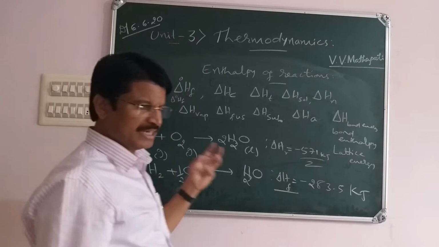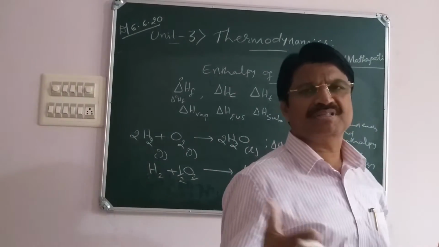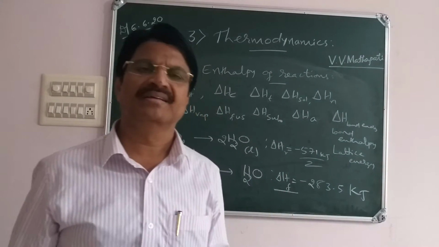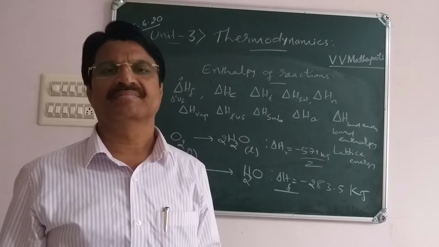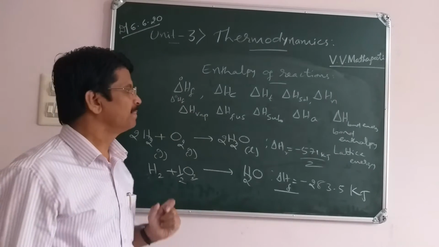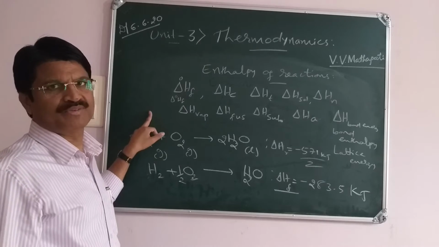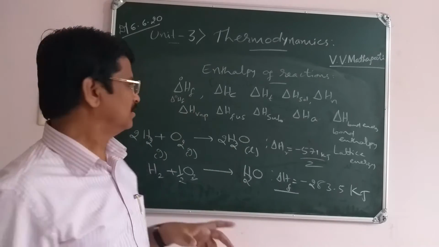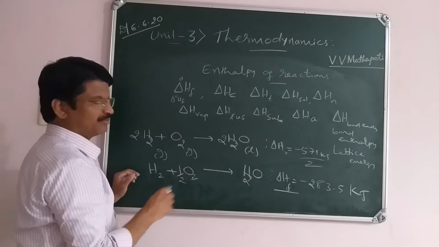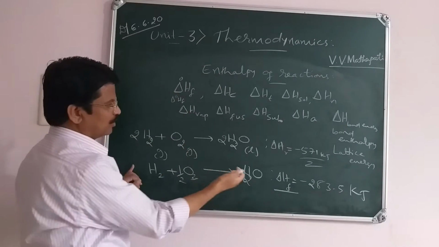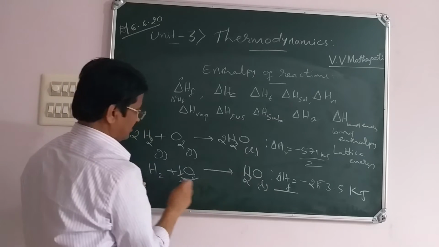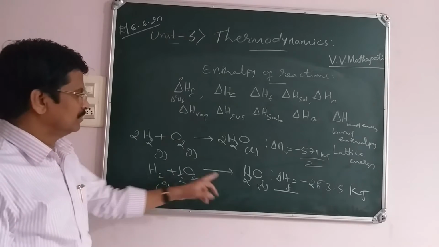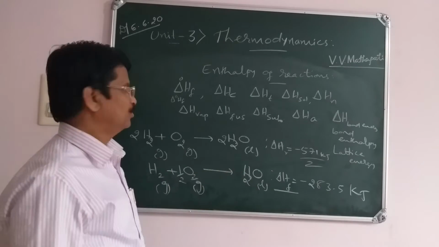Standard state means the existence of the substance at 298 Kelvin and 1 atmospheric pressure or 1 bar pressure. At 25 degrees Celsius, water is in liquid form, and O2 and H2 are gases. That's why I write the physical states of the compounds.